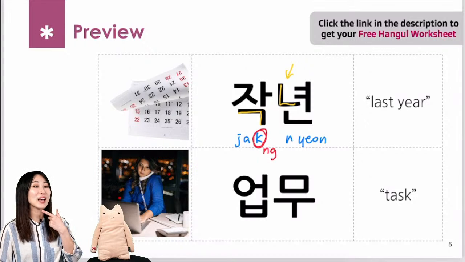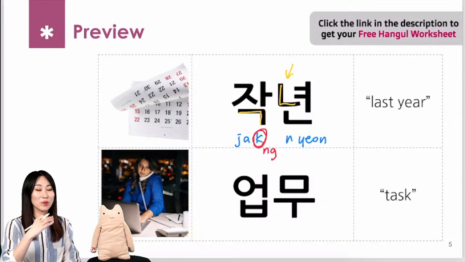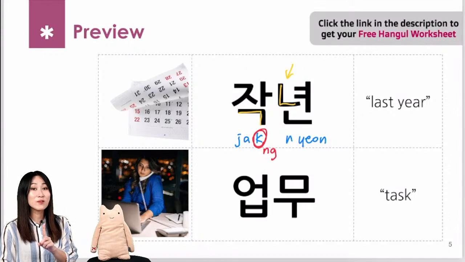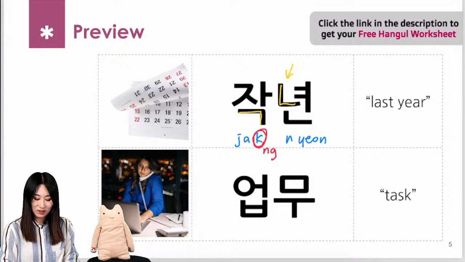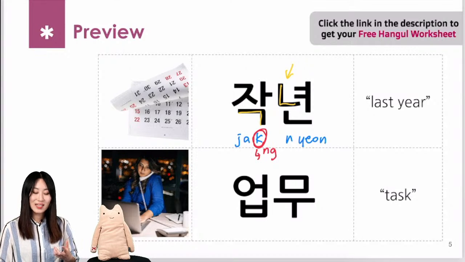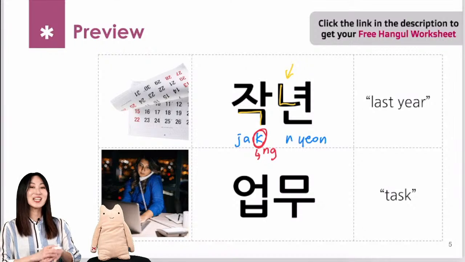Because when you pronounce ak and ang, your tongue movement is quite similar, but the difference is blocking the air or just making a nasal sound. So the nasal version of the sound is ng. So how we pronounce it is 작년. Ooh, yes, it's not 작년.